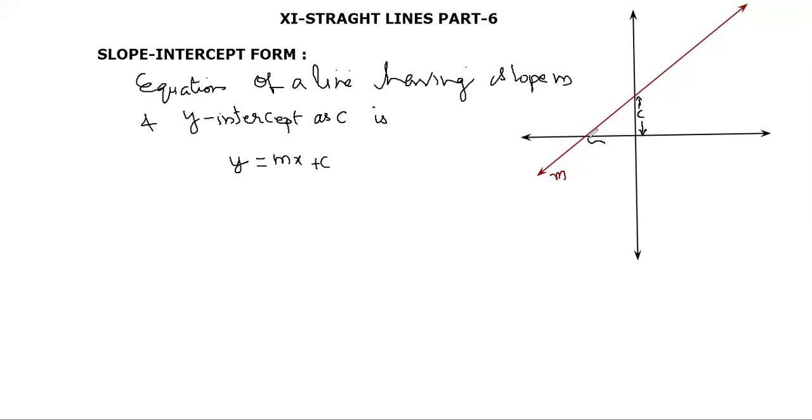This is the x-intercept and this is the y-intercept. On the x-axis, where the line cuts, at what distance it cuts, that is called the x-intercept, and on the y-axis, at how much distance the line cuts from the origin, this is called the y-intercept. So the y-intercept is C.